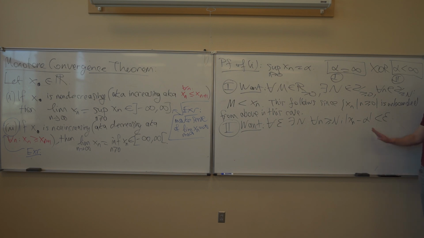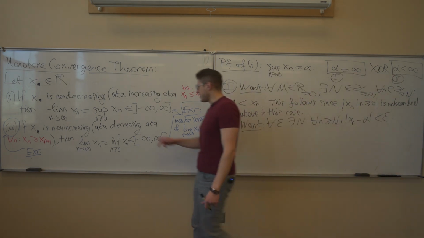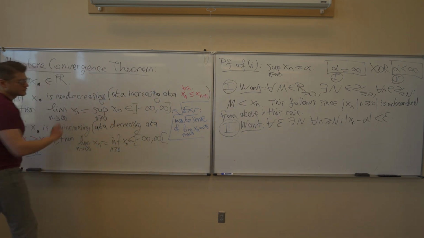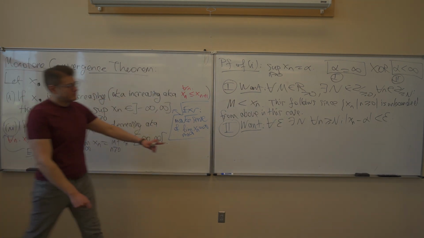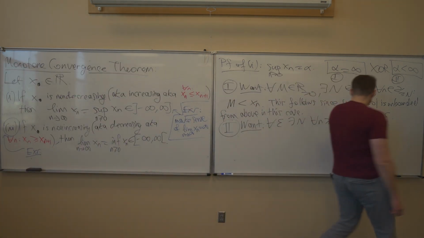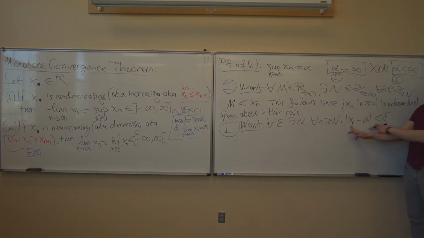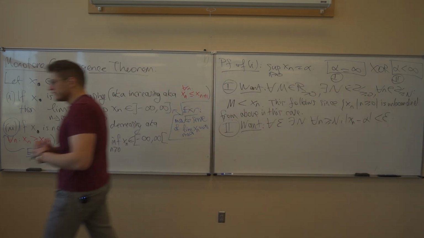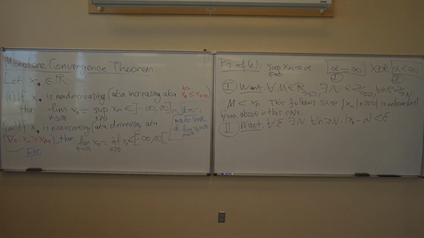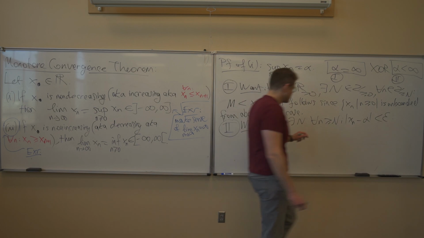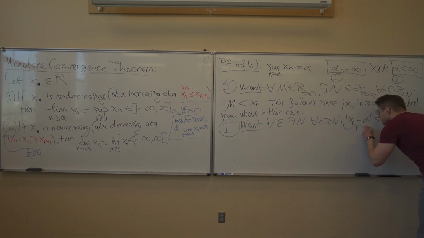Now, I can do things about this, because by definition alpha is the sup of this. In particular, that means that alpha dominates any x sub n, which means that this absolute value literally is equal to alpha minus x sub n.